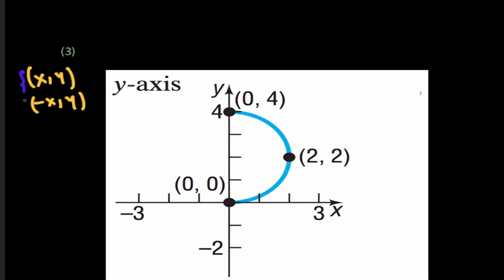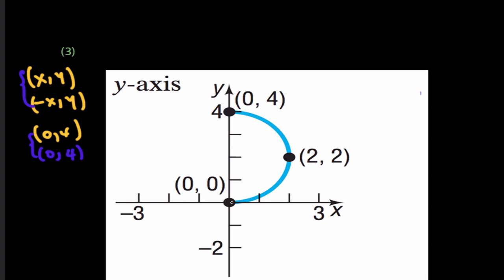That is what it means. For example, this graph here contains (0, 4). So it must contain (negative 0, 4), which is the same thing as (0, 4). You can see the 4 still stays the way it is.